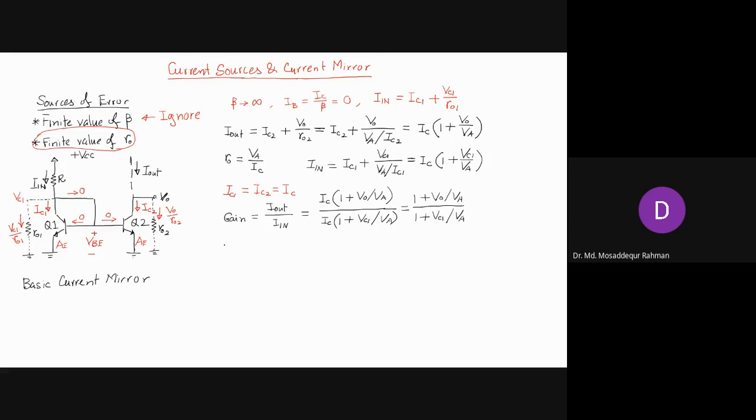And what will be the error? Error is our actual gain, which is I out by I in, minus the ideal gain, which is 1. So now substituting this, minus 1.